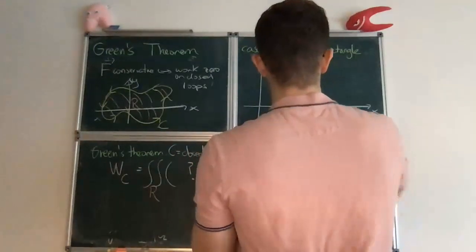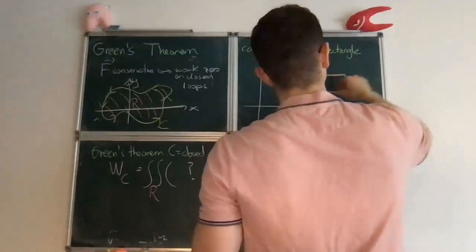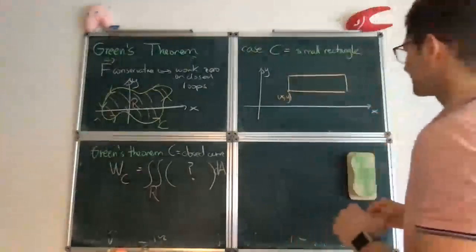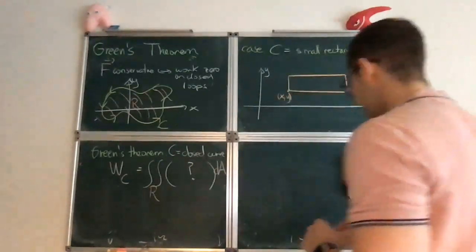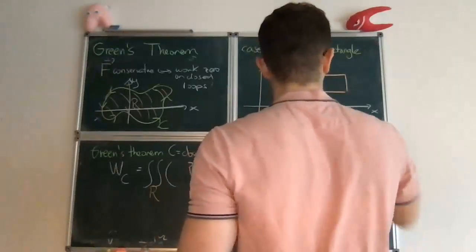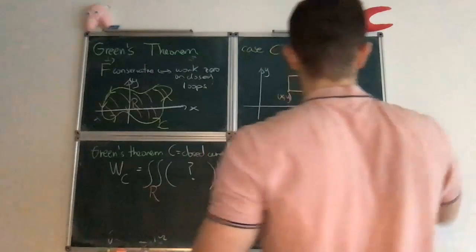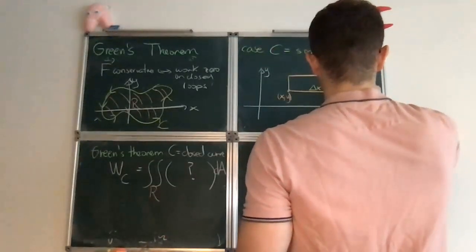Let's say you take a rectangle, and here's the point x comma y, and this rectangle has one side of length delta x, so this gives you x plus delta x comma y.